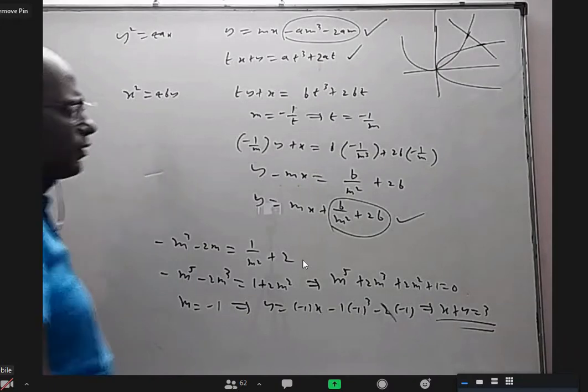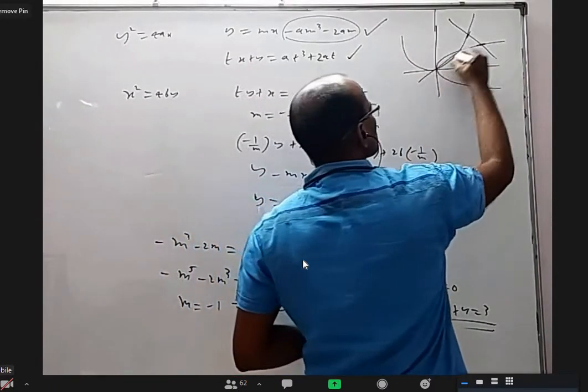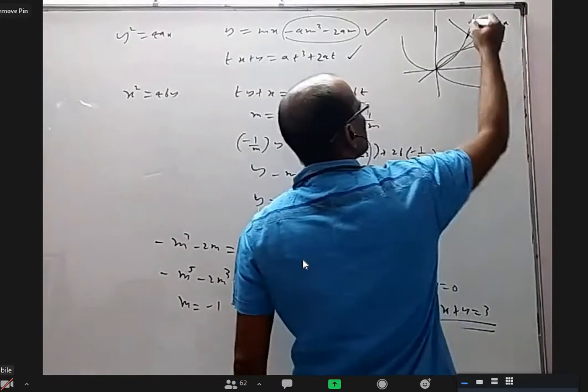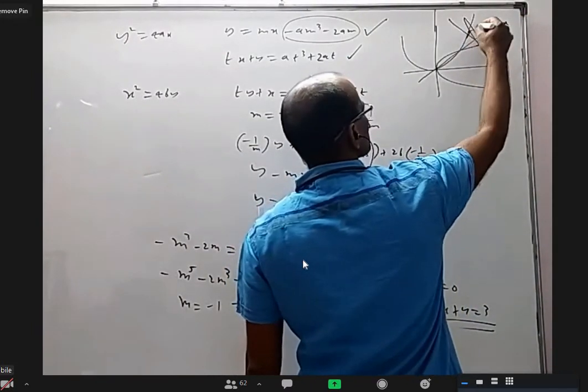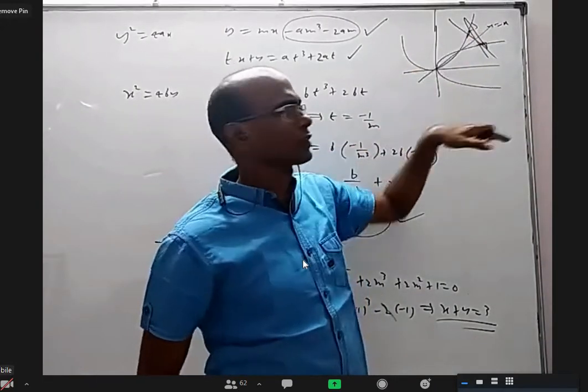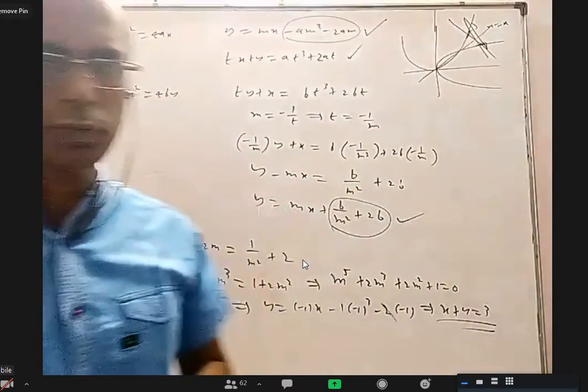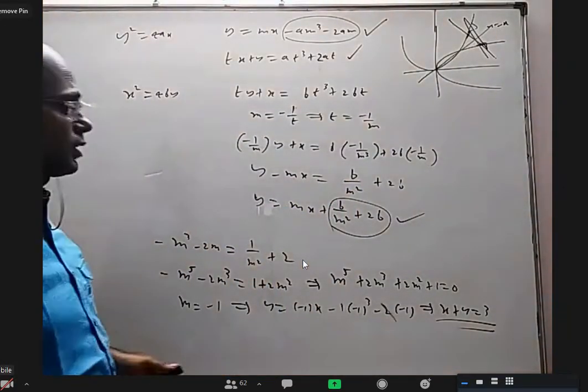Maybe we can say from symmetry the slope should be -1 because these are mirror images of each other with respect to y equal to x. If at all a line is normal to this and normal to this, then you can easily say it should be perpendicular to y equal to x. This line slope is 1, so the perpendicular line slope should be -1. We can say that. But are there some more normals?